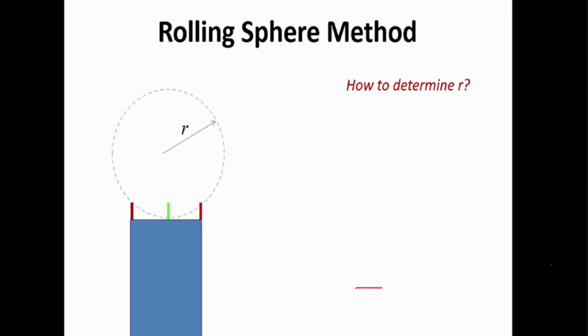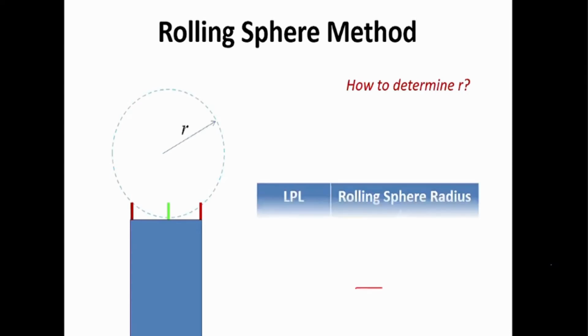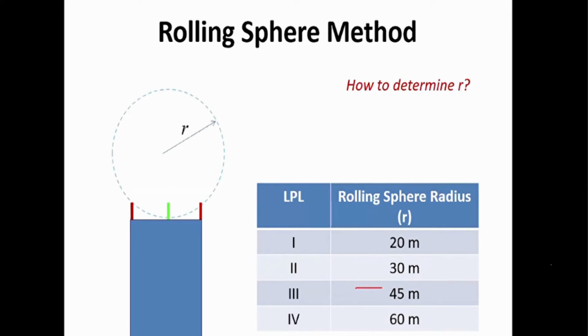Now, how to determine R? The standards give the values of R. Now you can see that, similar to the protective angle method, in the rolling sphere method, as you go down the line, the rolling sphere radius increases.